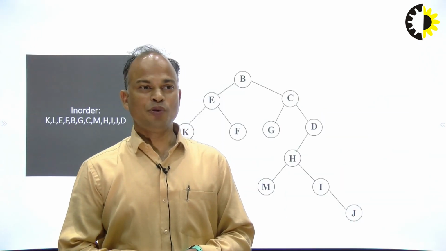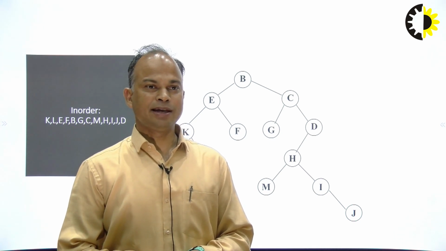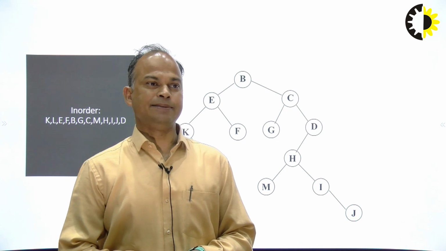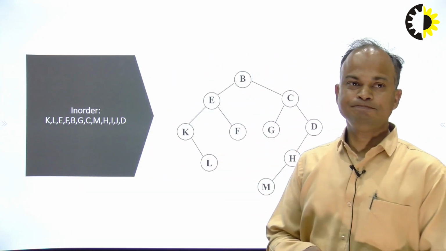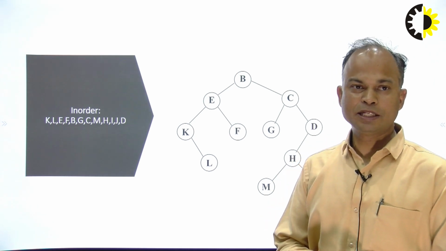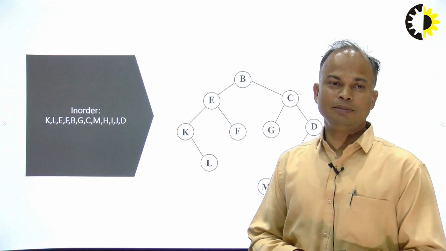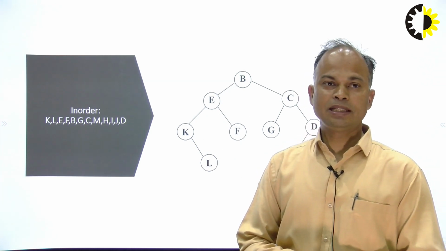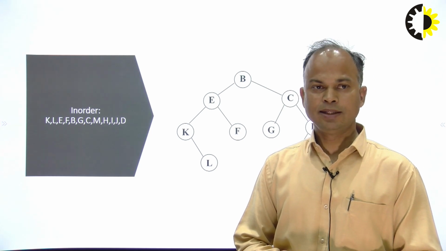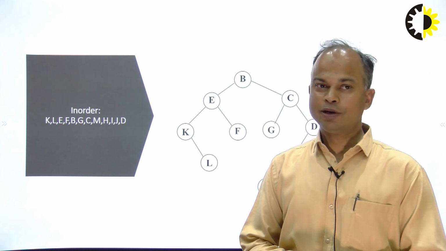Now, how can we simulate and implement in-order sequence on this particular tree? See here, this particular tree is given, and if we observe this tree, B is the root. As per our algorithm, we have to visit the left subtree first, then the root, then the right subtree in in-order sequence.